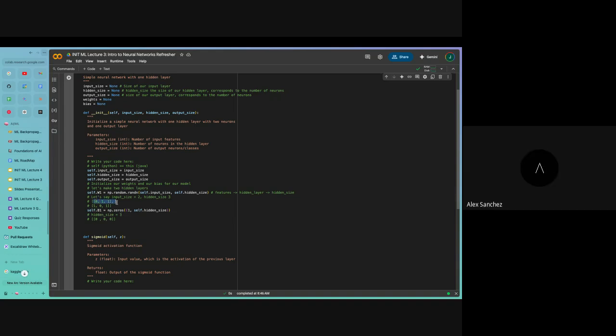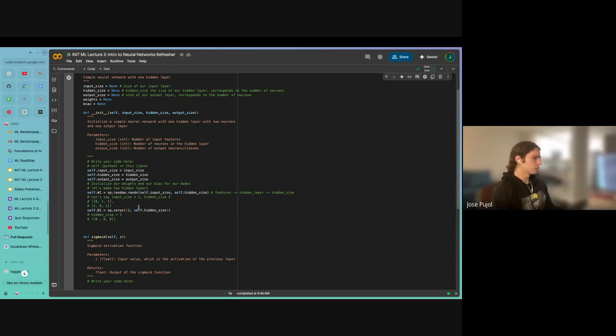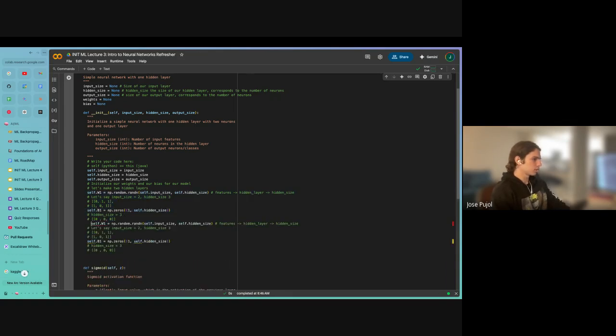It's here. It's input size. And we can just do the same thing for another one. So actually, no. If you're linking these together, the output of the previous one needs to be the same as the input of the next one.